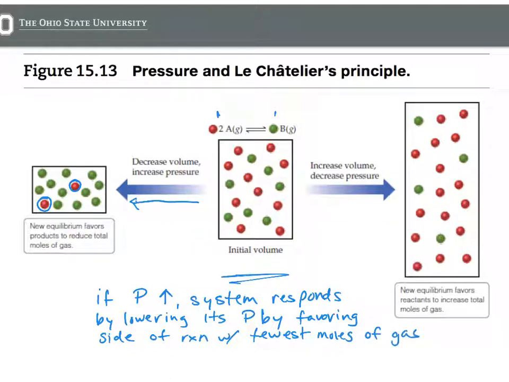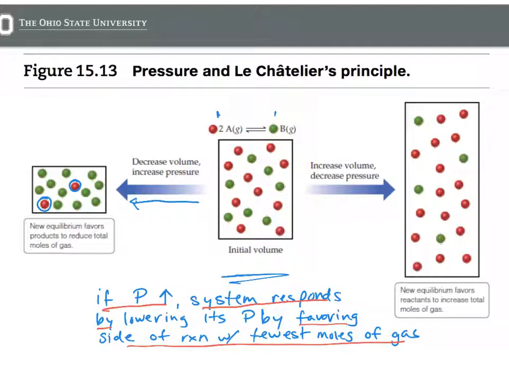And if you want to shorten that even more, if the pressure is increased, the system responds by favoring the side of the reaction with the fewest moles of gas. Okay.